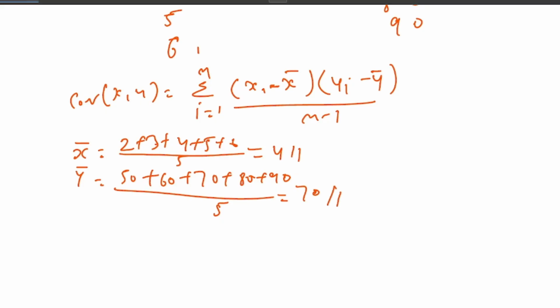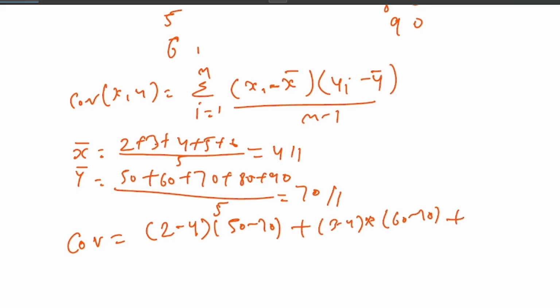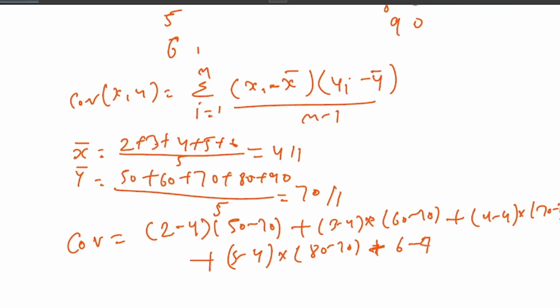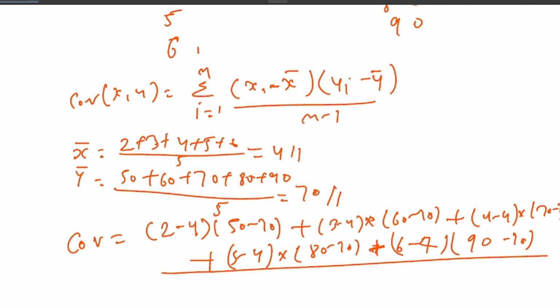And then we will calculate the covariance. So the covariance will be (2 minus 4) into (50 minus 70), plus (3 minus 4) into (60 minus 70), plus (4 minus 4) into (70 minus 70), plus (5 minus 4) into (80 minus 70), plus (6 minus 4) into (90 minus 70), divided by 4, since 5 minus 1 is 4, right?